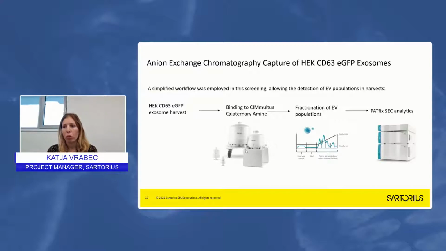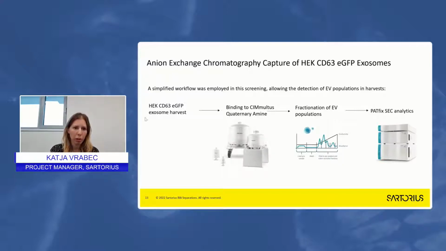Moving on to the downstream parts of this presentation. So how did we isolate EVs from this upstream? We used anion exchange chromatography capture, and we used a simplified workflow allowing the detection of the EV population in the harvest.